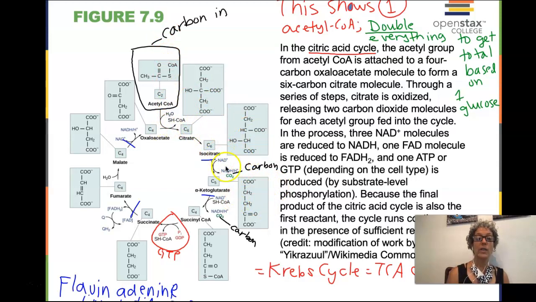However, at the end, we regenerate this 4-carbon molecule oxaloacetate that is present for the acetyl-CoA to come in and bind, start the process over. So when the 2-carbon, and that's what this stands for, C2, binds to the 4 carbons of oxaloacetate, we put in water and we remove the coenzyme A.